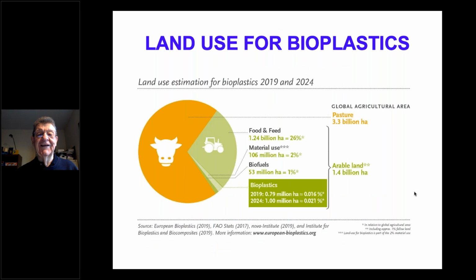If you're thinking about land use, I'm going to put up a chart for land use here from European Bioplastics. If you look, this is going between 2019 and 2024, but all of this much is used for pasture, and this much is used for food and feed for animals.